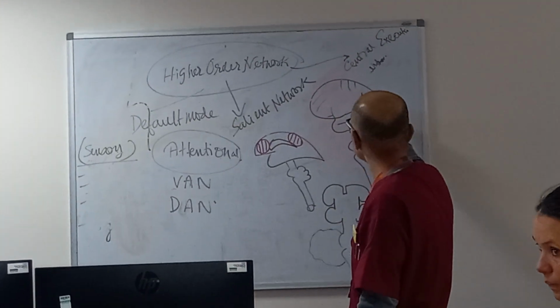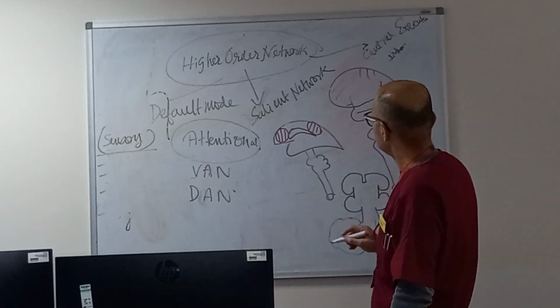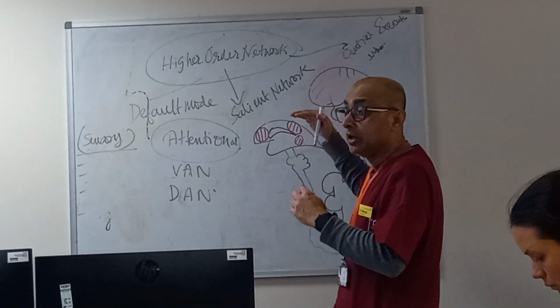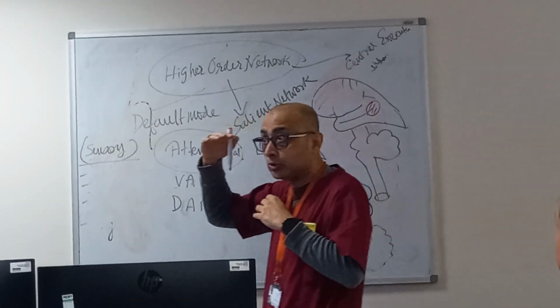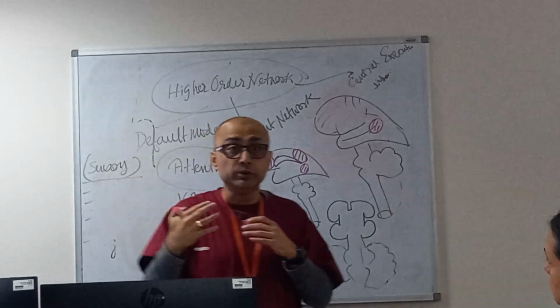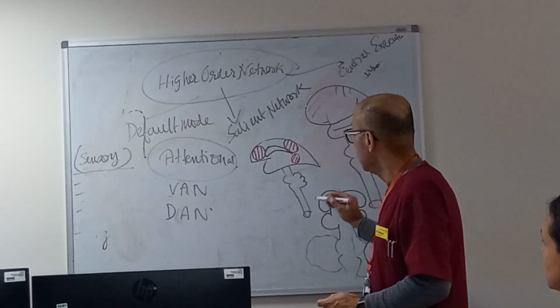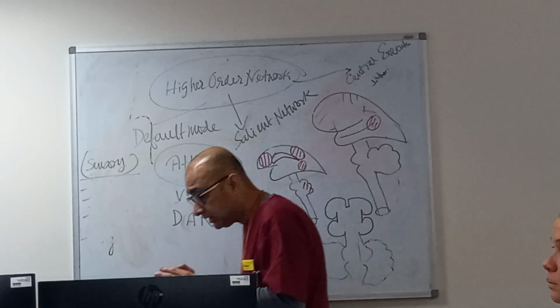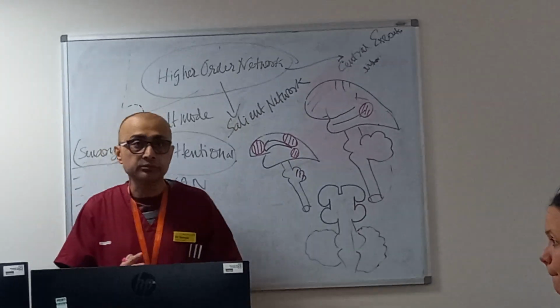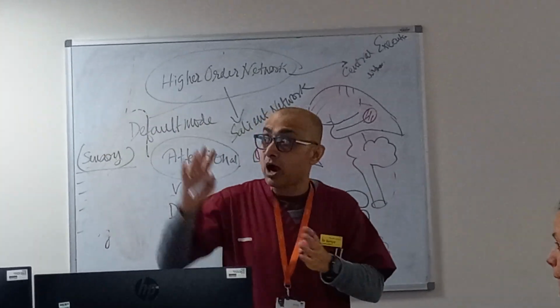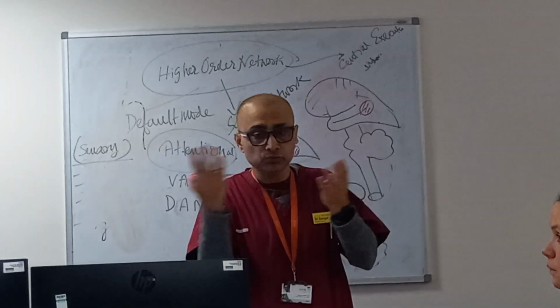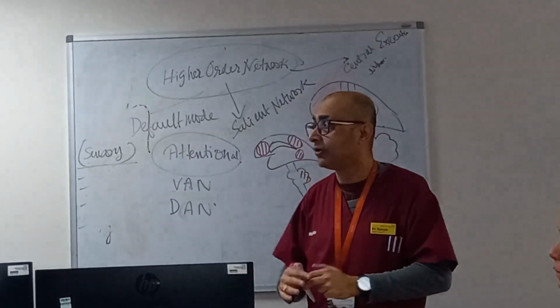So angular gyrus would be around here and precuneus would be around here. So these are the parts above the tentorium which are active during this. And then the cerebellum is affected, like the cerebellar tonsil and cerebellar vermis. So whenever we are doing this internal thinking, this part of the brain is active, and in a normal situation we do it all the time. So that's default mode. Next, please.